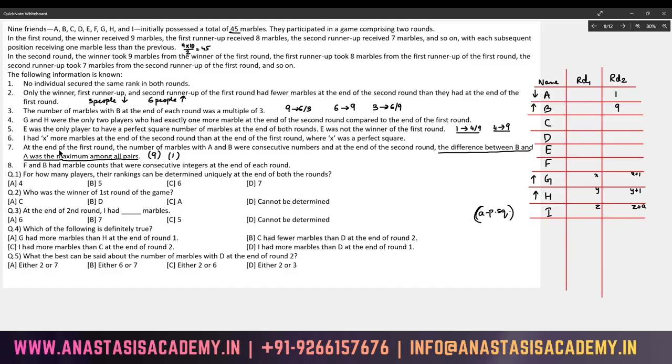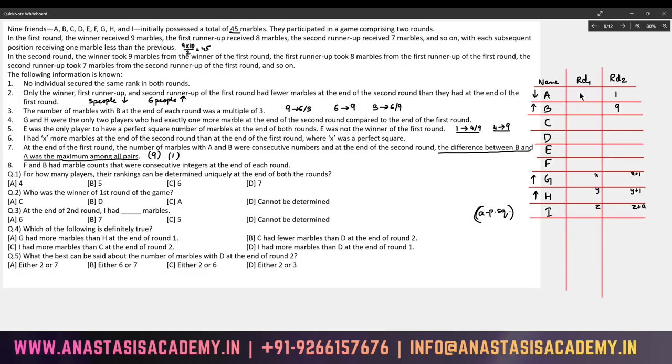Okay. Apart from this, point number 7 says, at the end of the first round, the number of marbles with A and B were consecutive numbers. Now, if in the second round B has 9, in the first round he must have 3 or 6. If he had 3, then A will either have 4 marbles or 2 marbles in the first round.